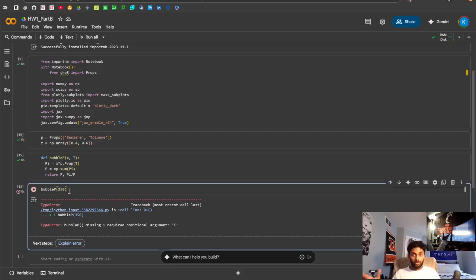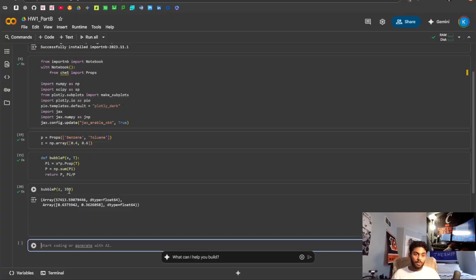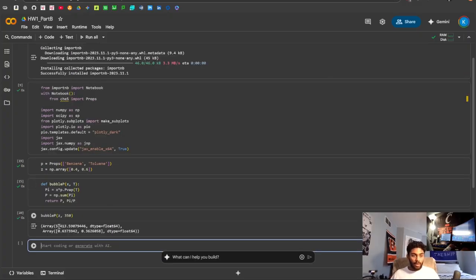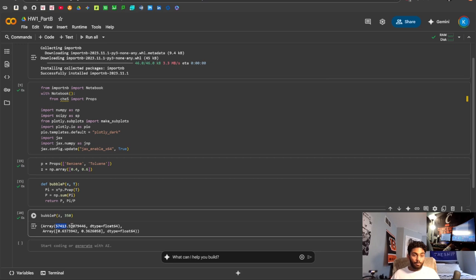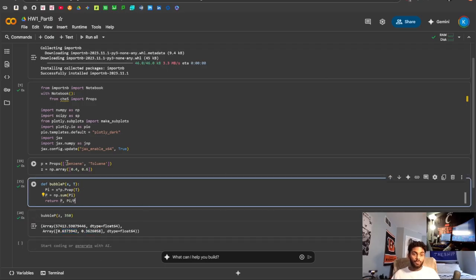We also, of course, need to give it the composition that we have, so that is in array Z. Now that we do it, boom, we have our bubble pressure of our binary system as well as our mole fractions for each of our components. The first one is benzene, as is our convention, and the second one is toluene. So it always follows this order of volatility that we had initially pulled our properties from.